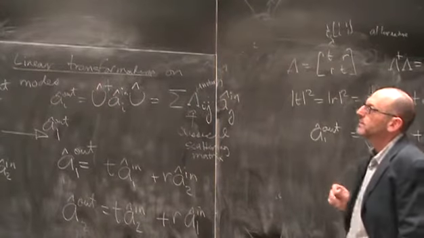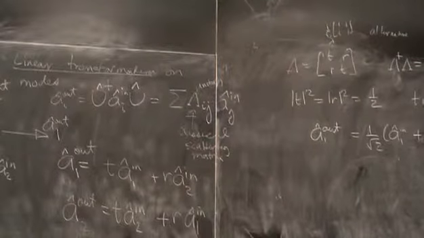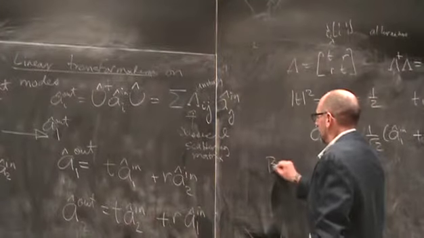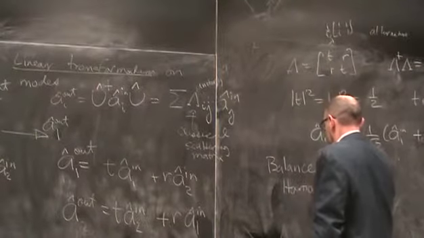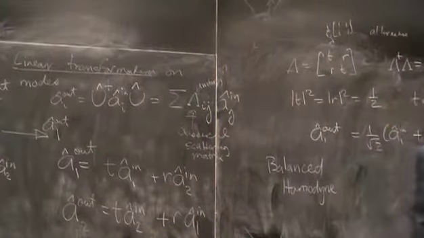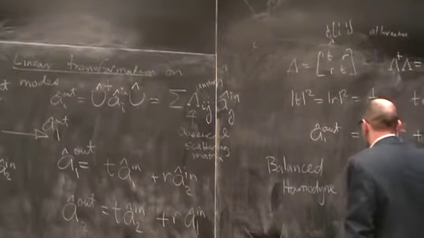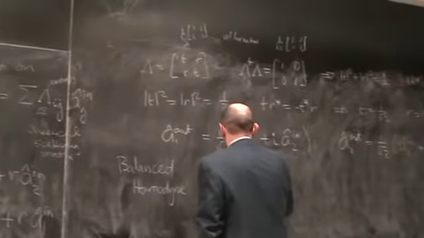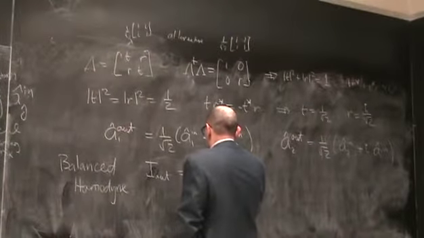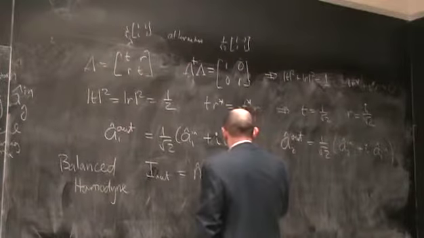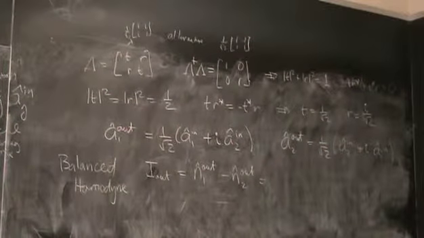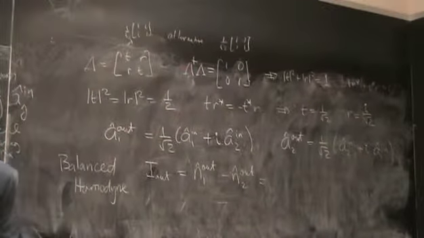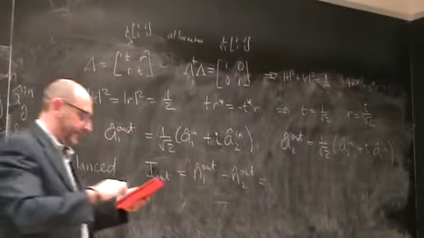So the balanced homodyne detector is one where what we're going to look at is the difference between the number of photons coming out of one port and the number of photons coming out of the other port. Okay? I'm not going to try to do algebra, I want to make sure I get all my factors right.